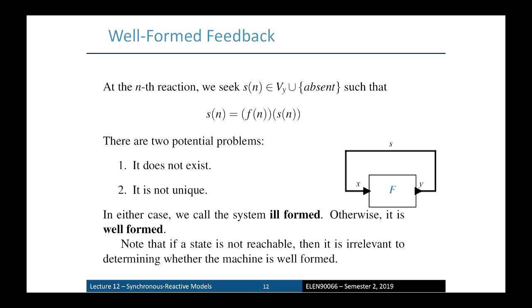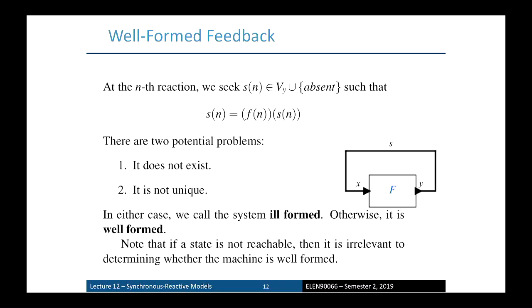With this fixed point function, there are two problems with it. Either the function doesn't exist, so you end up with a contradiction, or it's not unique, so you have no way of deciding which one it is.